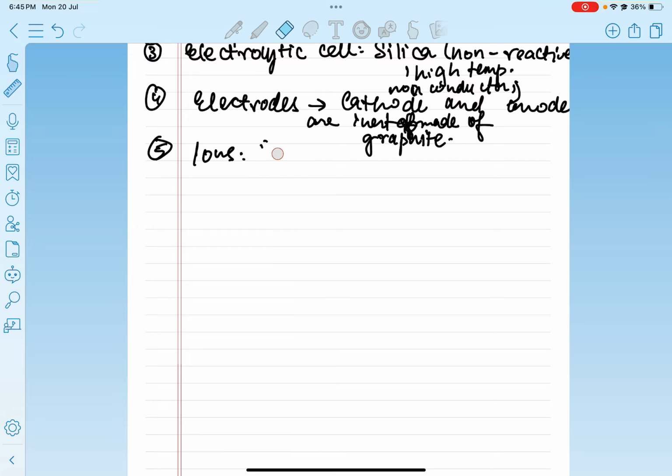It will obviously be Pb2+ and Br-, lead ions and bromide ions.